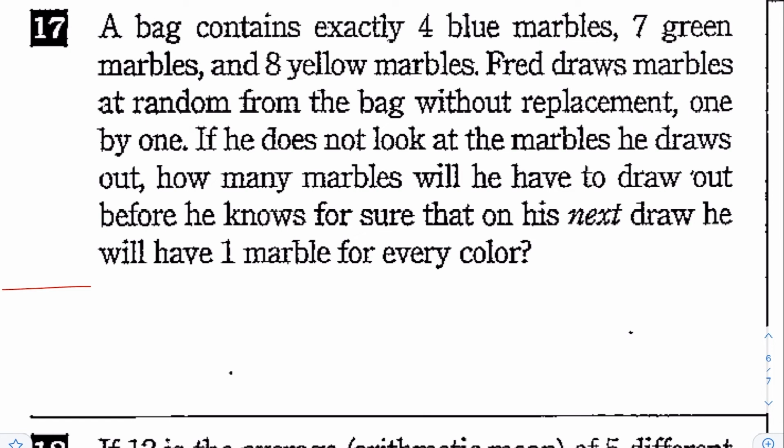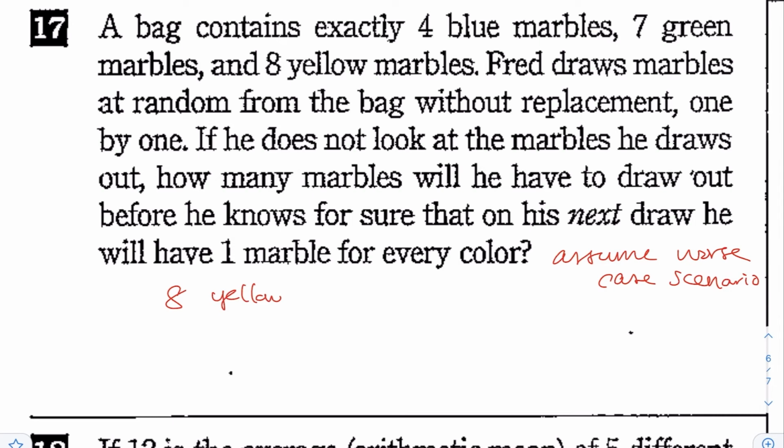So here you have to assume the worst case scenario. This is a game where you want a marble of each color in order to win. You assume that he's very unlucky. So for example, he can draw 8 yellow marbles first.